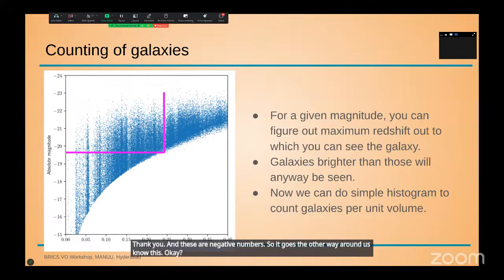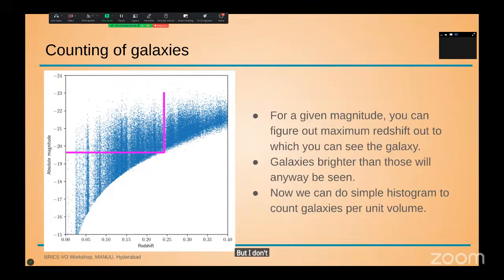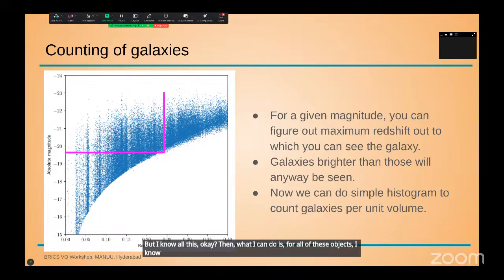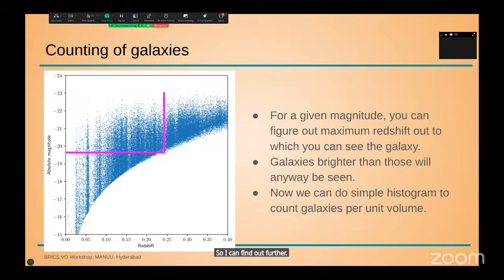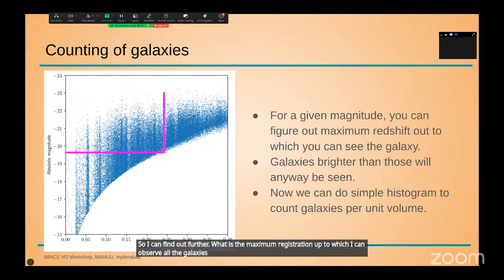But for brighter objects, I know that if I go out to this redshift, then I would have always seen those objects. So I can find out the maximum redshift out to which I can observe all the galaxies, and then draw a redshift cut like this and a magnitude cut like this.